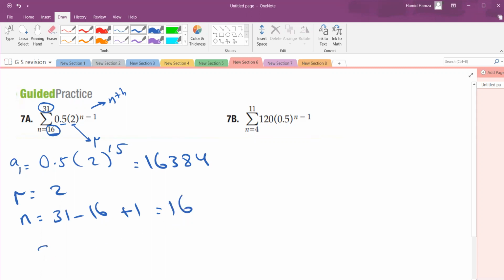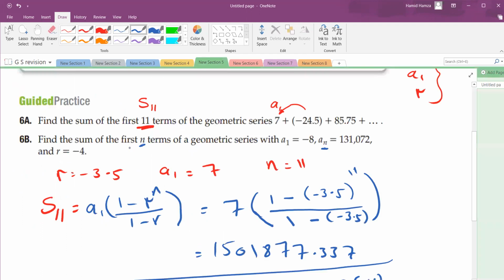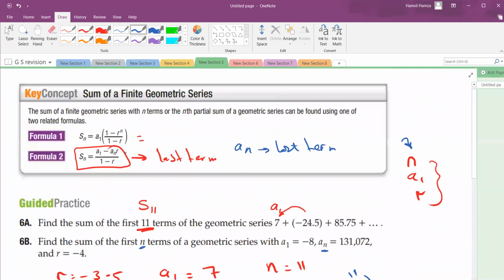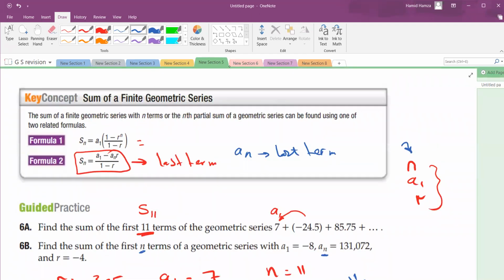So S16 will be equal to A1 times 1 minus R power n over 1 minus R. Yes, let's check the formula.